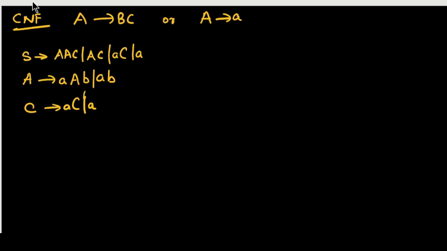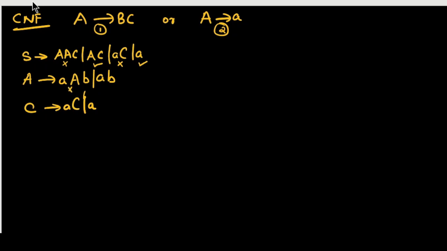So check whether any production rule is of the form of the first one or the second one. Okay, so this is not in the format, this is not in the format, this is in the format. It is in the first format, A gives BC format, S gives AC, only two variables are there. And this is not in the format, this is in the format because on the right hand side we have a single terminal.